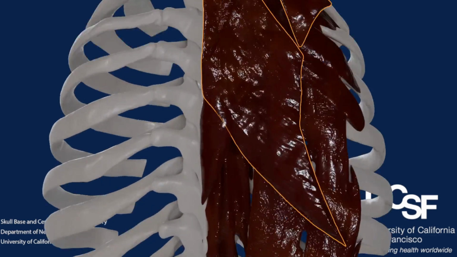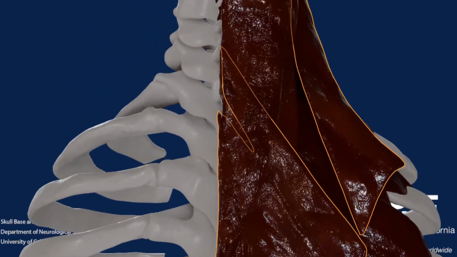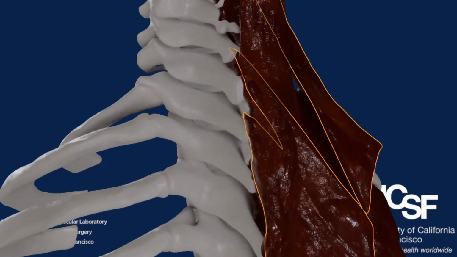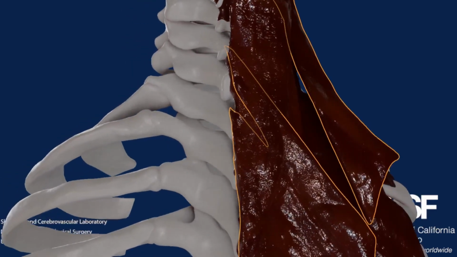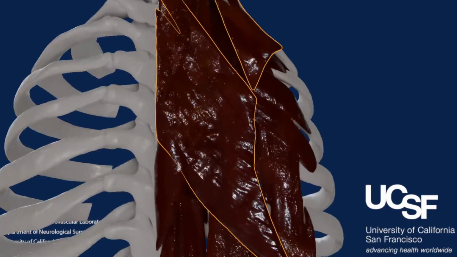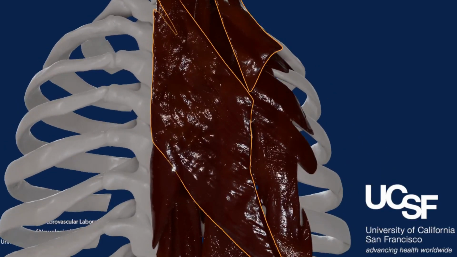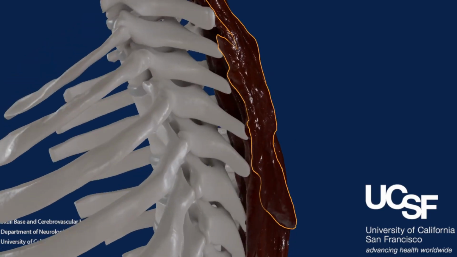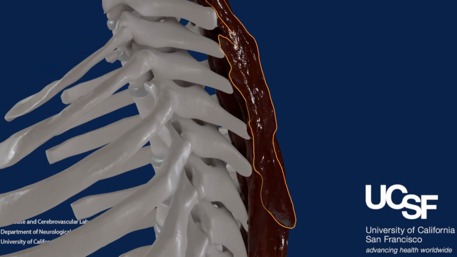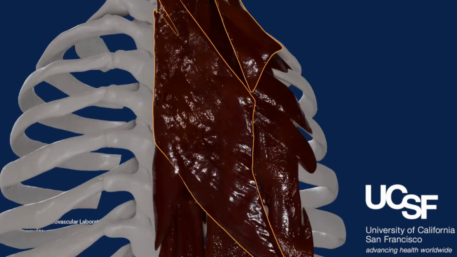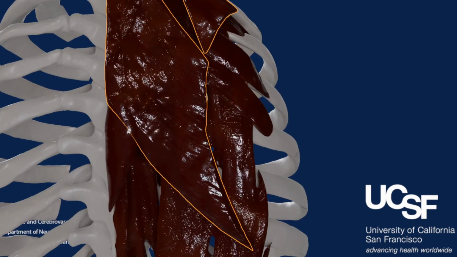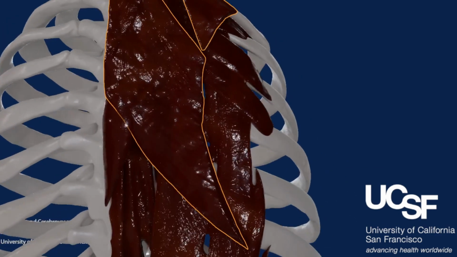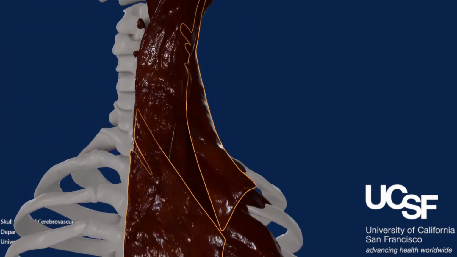So the rhomboid minor attaches to the spinous process of C7 and T1 and runs laterally to attach to the medial portion of the scapula, whereas the rhomboid major attaches to the spinous process of T2 to T5 and again runs towards the medial portion of the scapula.